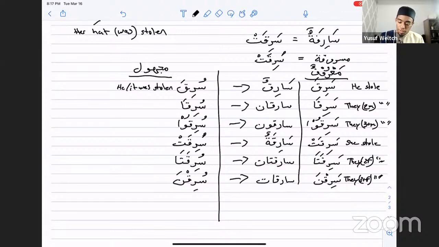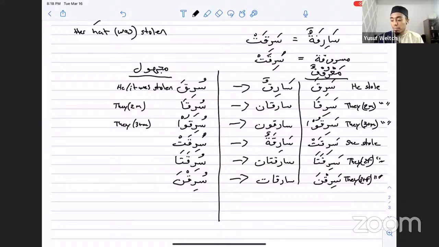Okay. All right, and then this would be they, two masculine things, because it doesn't have to be he, or it could be it. So kitab is a singular masculine thing. So kitabi suriqa, it was stolen. My book was stolen. So this would be two masculine. This would be they, three plus masculine.